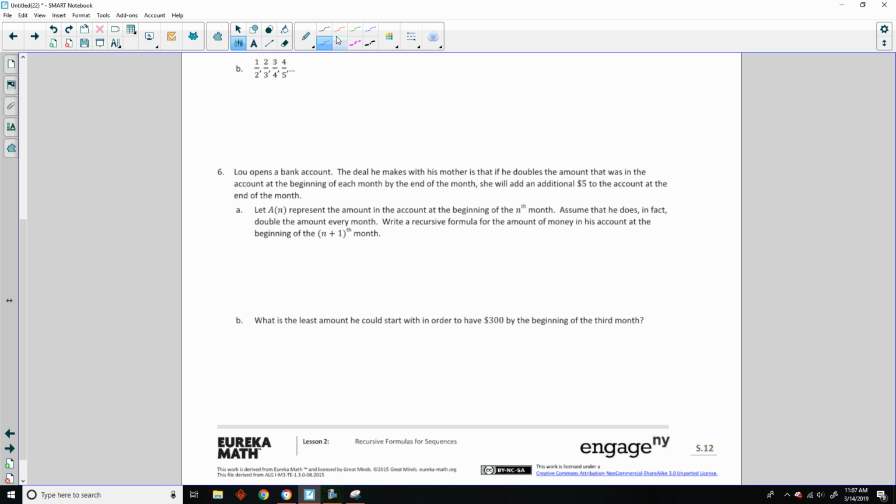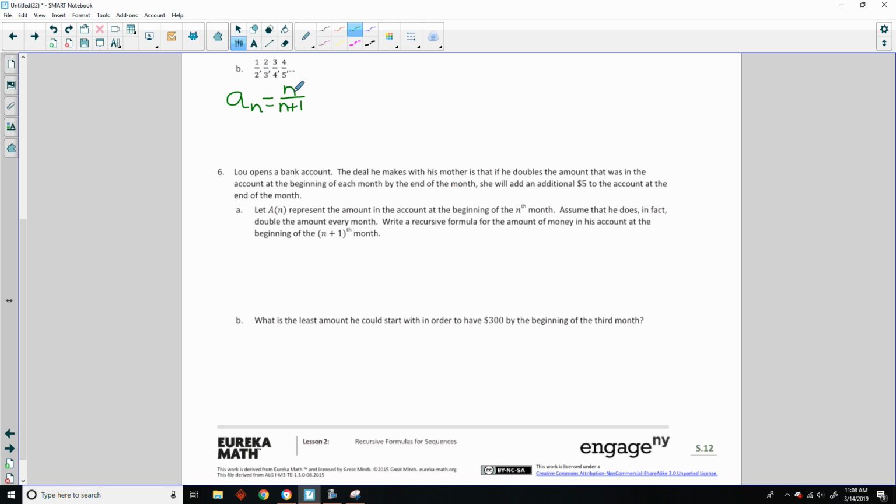Okay, this one, if you notice, we're adding 1 each time to the numerator, and we're adding 1 each time to the denominator, but our denominator started out 1 more than our numerator. So our first term could be a sub n equals, let's see, if n was 1, our first term is 1, and our bottom would be 1 more than that.